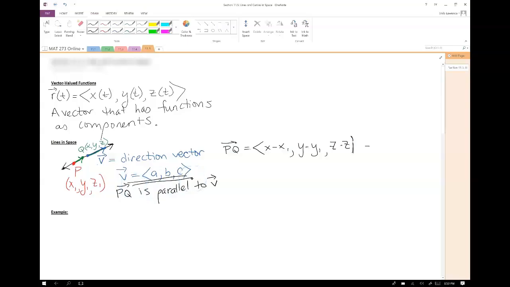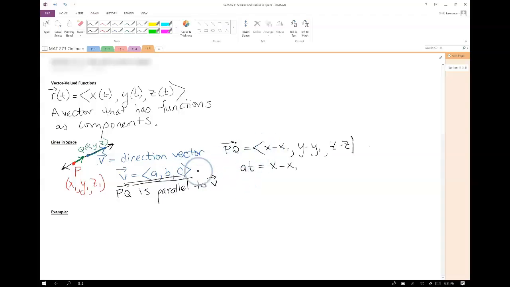And for our scalar multiple, we're going to use the variable t. So we're going to say a times t, that's the x component for v, should be x minus x1. And we need to use the scalar multiple for every single component pair that we do.